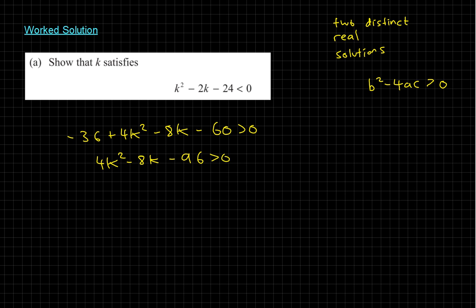In fact, something I probably could have done earlier, but I'll do it now, is to just divide by 4, because that actually divides cleanly into all of the coefficients we've got there. 96 divided by 4, 24, isn't it?